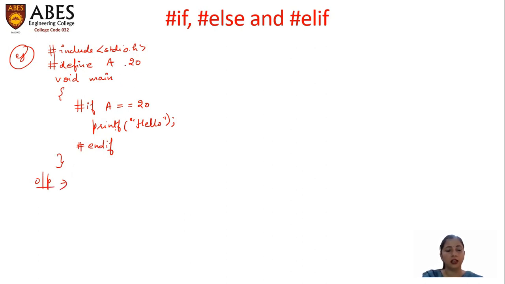We have defined a macro A whose value is 20. #if will simply compare the value of this macro A. If this is true, then printf will be executed and the output is hello. For example, if I mention 30 here, it will compare the value of macro A, which is not equal to 30, so nothing will be printed and there will be no output.